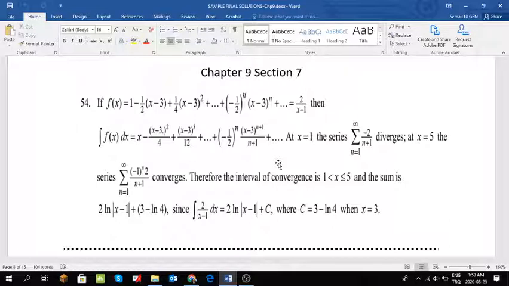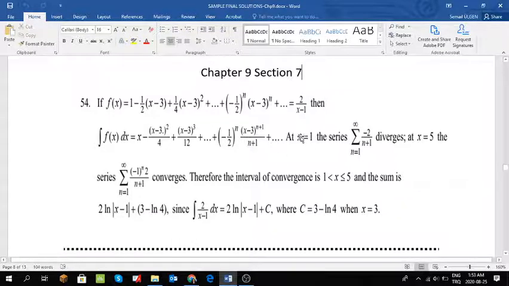The inside of the interval stays the same, but the endpoints may be included. So we check x equal to 1 first. At x equal to 1, we put 1 into this, so this is going to be 1 minus negative 2 squared over 4, negative 2 cubed over 12, and so on.